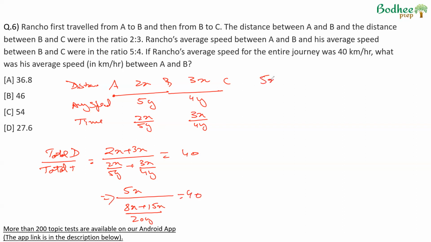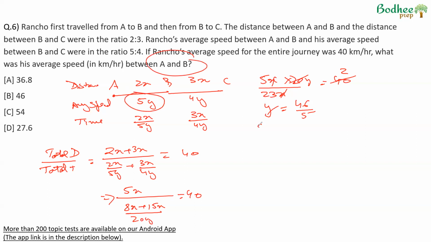So 5x upon 23x into 20y is equal to 40. x and x cancelled. 20y... 2 twos are 40. So y becomes 46 by 5. 23 into 2, 46 upon 5. We have to find the average speed between A and B. Average speed between A and B is 5y. So 5y will simply be 46. Hence, the required answer is 46 kilometers per hour, option B.